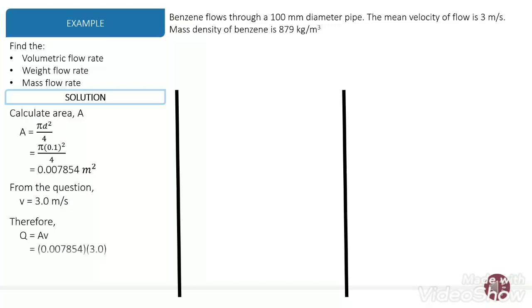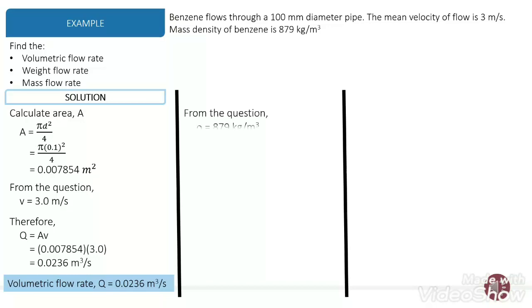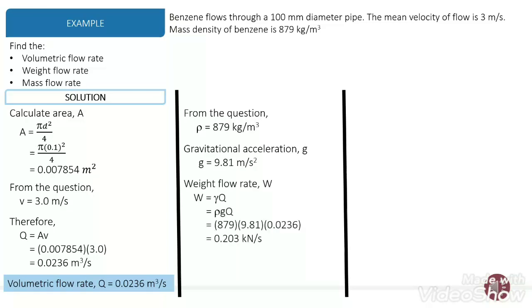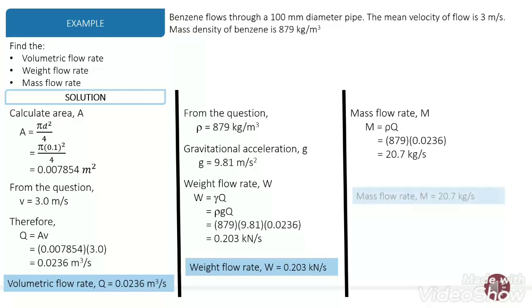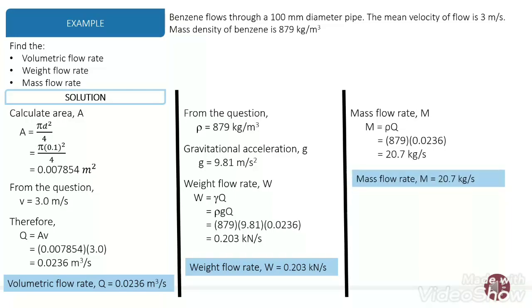Volumetric flow rate, Q, is equal to 0.0236 meter cube per second. From the question also, we have the rho value and g is equal to 9.81 meter per second square. Therefore, substitute all the values. Weight flow rate, W, is equal to 0.203 kilonewton per second. And lastly, mass flow rate is equal to 20.7 kilogram per second.